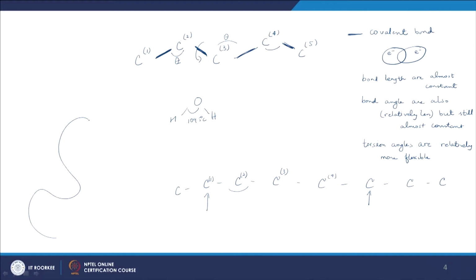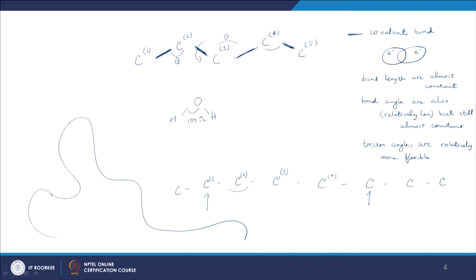So, the more I travel along the carbon chain, the more we see that the correlation between the positions of carbon atoms decays. Okay. So, now you extend the logic when we have thousands of carbon atoms, and in most cases, I would say all the cases in this course, I will represent the polymer chain in this sort of way, because it contains so many carbons that I cannot simply write how many carbons are there, it is just boring.